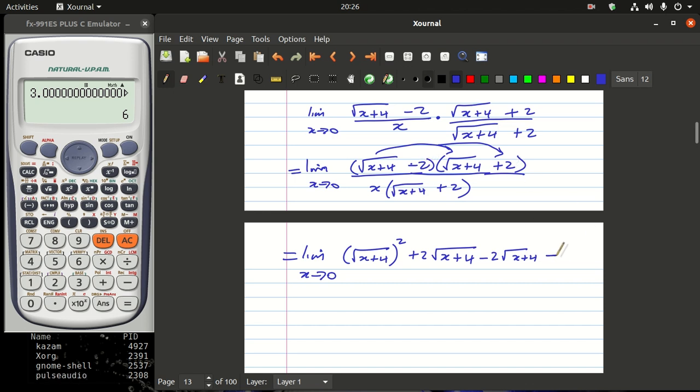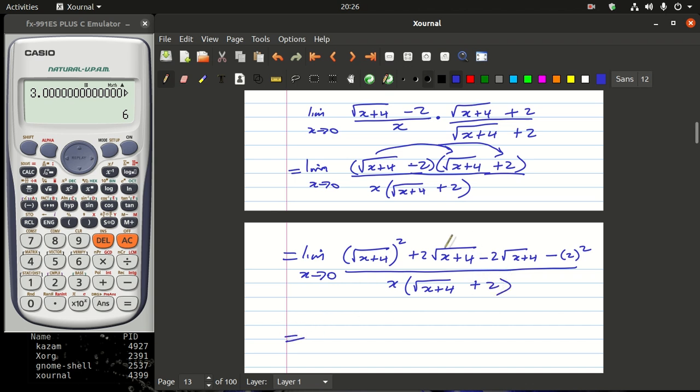I'll end up having minus 2 squared. I divide. I am not going to simplify this because the main goal was to cancel this x, so I need to leave it there. So I will have an x, and then I'll have the square root of x plus a 4 and then plus a 2.